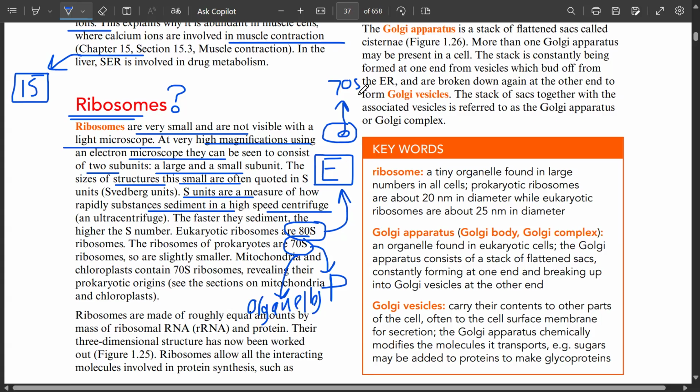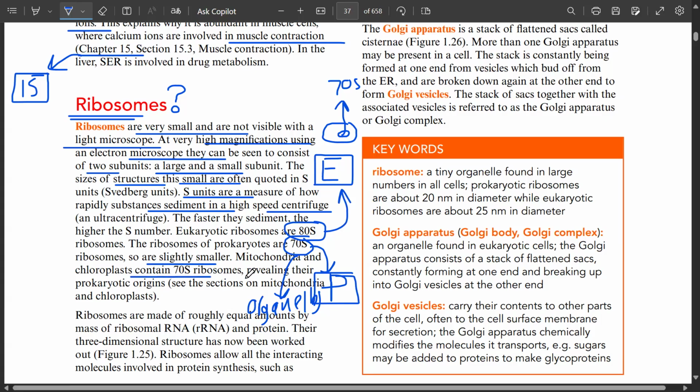Got it? So the eukaryotes have 80S, but their organelles have 70S. For example, mitochondria and chloroplasts have 70S. And in prokaryotes, everything has 70S, because 70S ribosomes are slightly smaller.